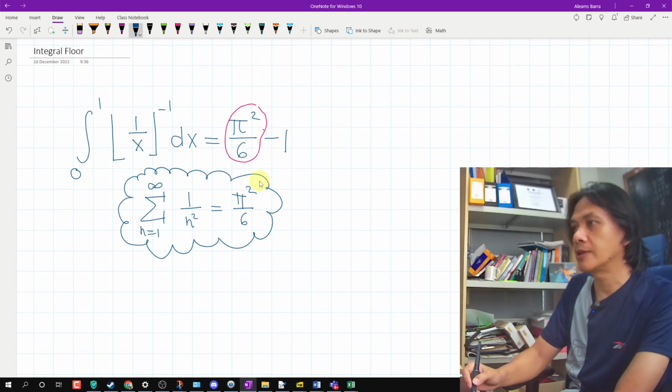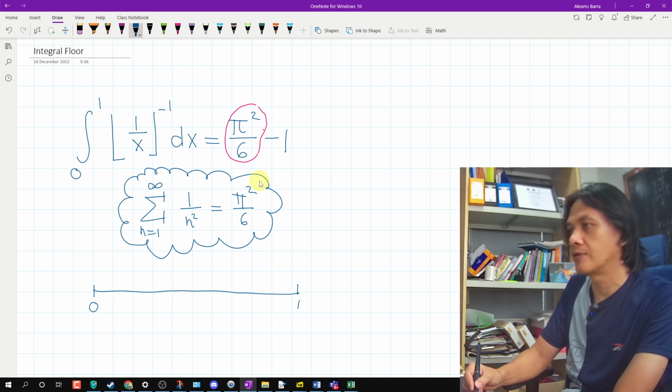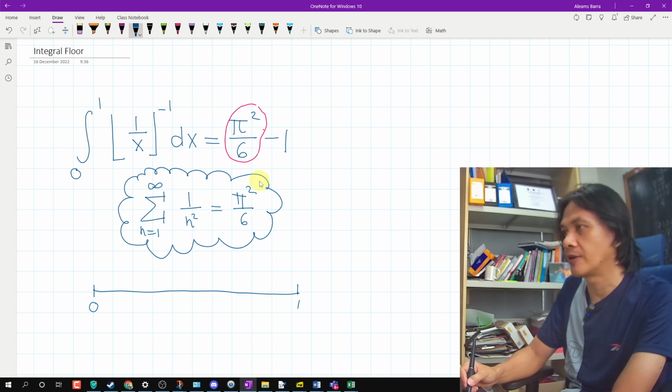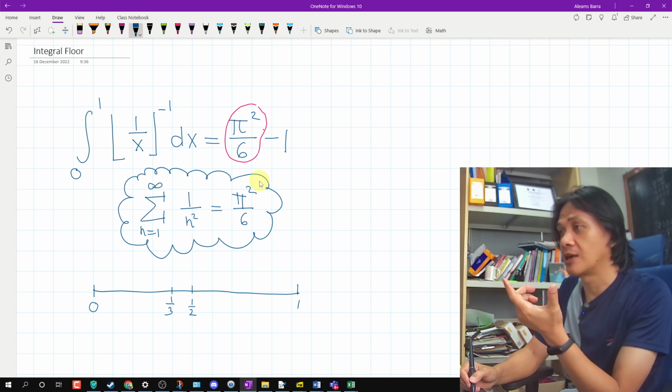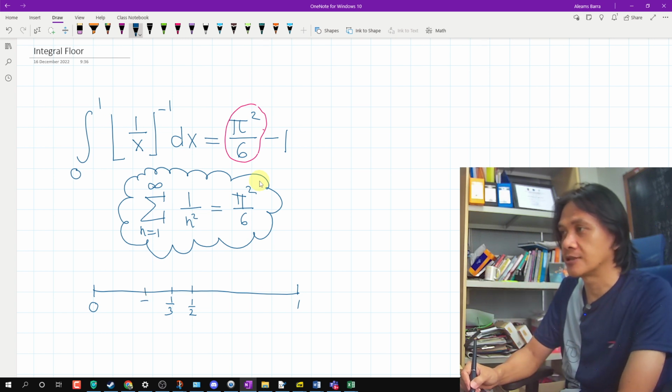We are going to split the interval from 0 to 1 into the following subintervals. So we divide into 1/2, then 1/3. This is probably not exactly accurate up to scale, so this is just some idea, and so on.